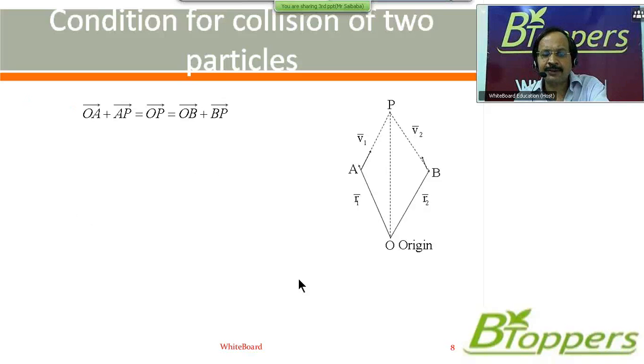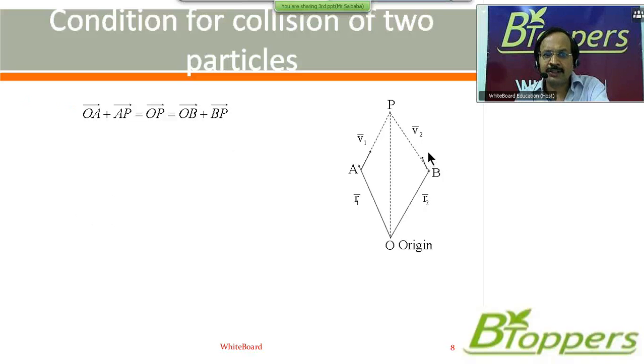In the figure, OA bar represents the position vector of the initial position of the first particle, denoted by R1 bar. OB bar represents the position vector of the initial position of the second particle, denoted by R2 bar. V1 bar is the velocity of the first particle directed along the line from A to P. V2 bar is the velocity of the second particle.